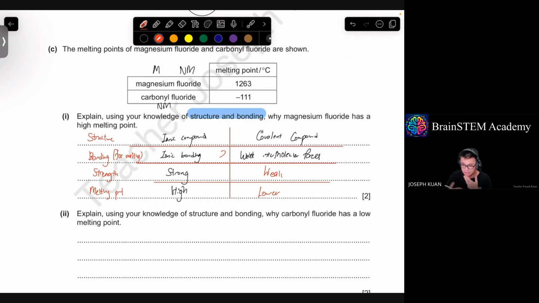So how you can write this is that you just say that the ionic bonding is stronger than the weak intermolecular forces in the covalent compound, which requires more heat to break the bonds. Or should I say breaking the force of attraction compared to the weak intermolecular forces. Hence, it has a higher melting point than the carbonyl fluoride.